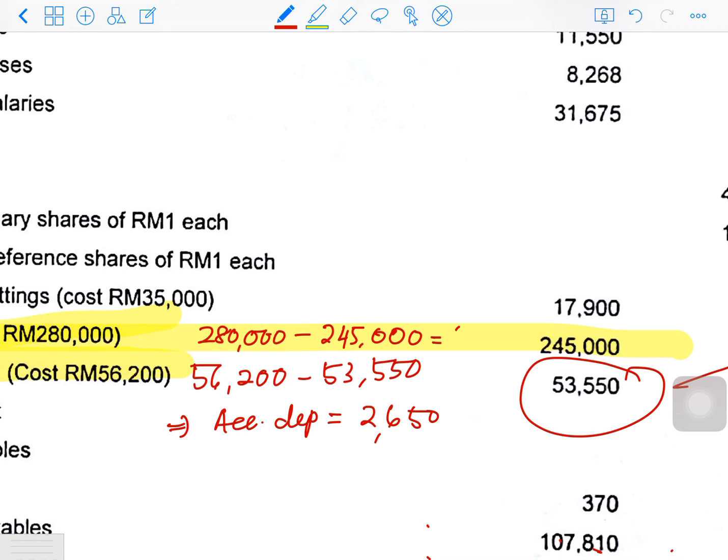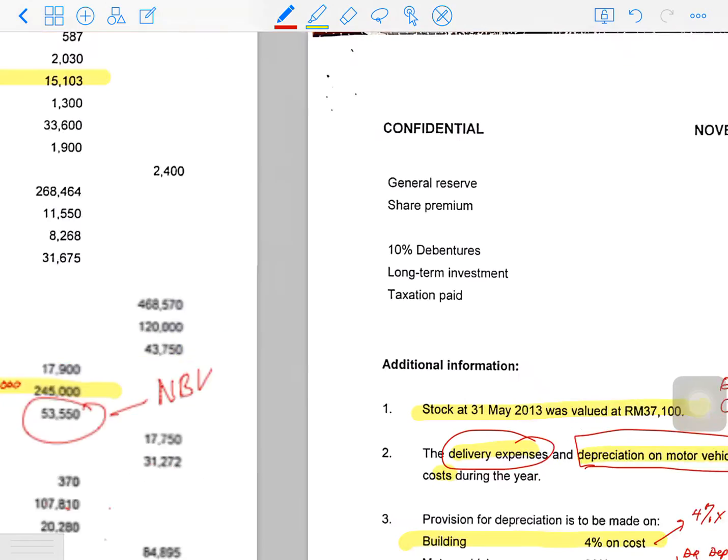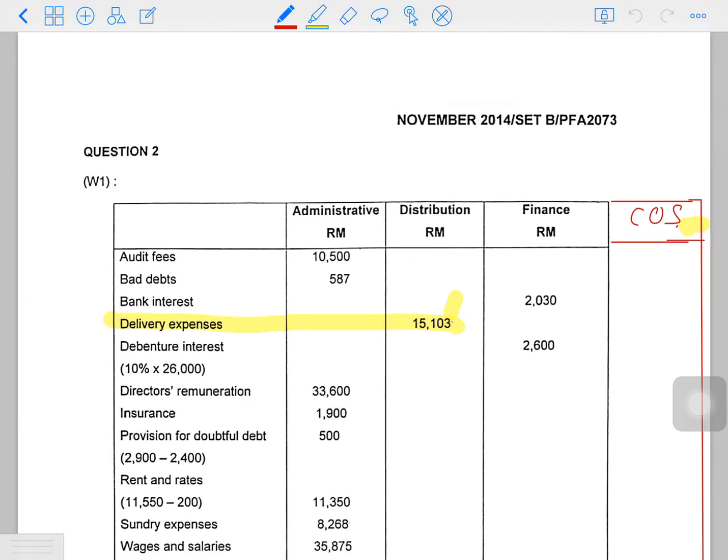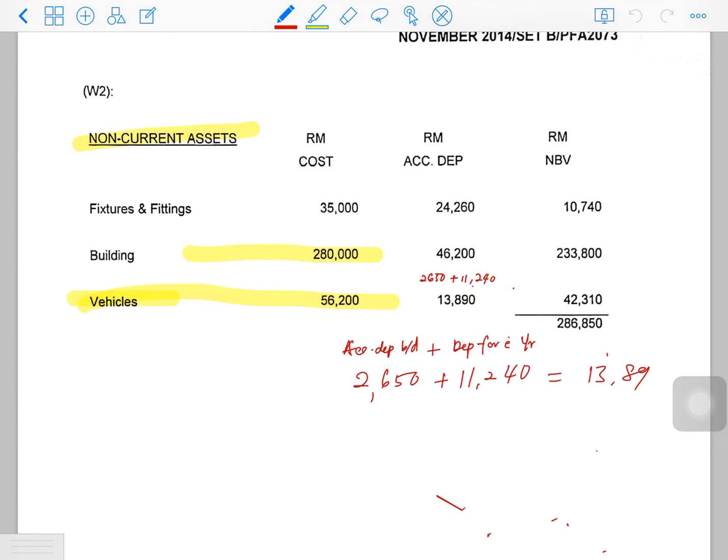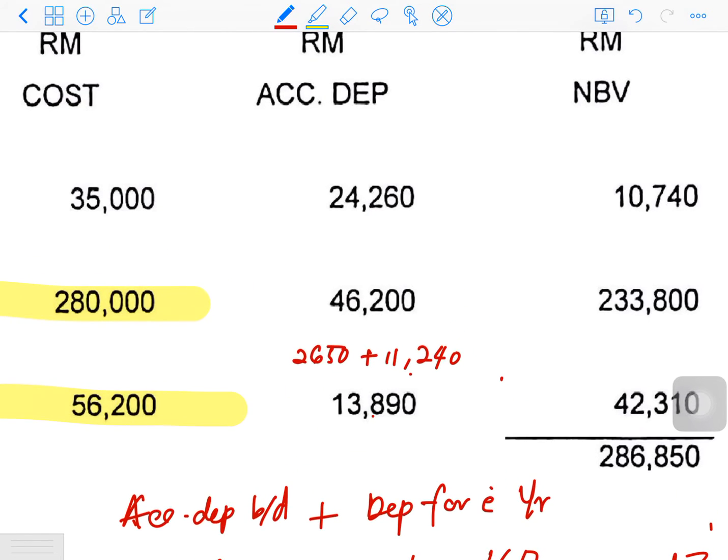35, right? 35. So that means 35 plus 11,200. Okay, so here should be 35 plus 11,200.